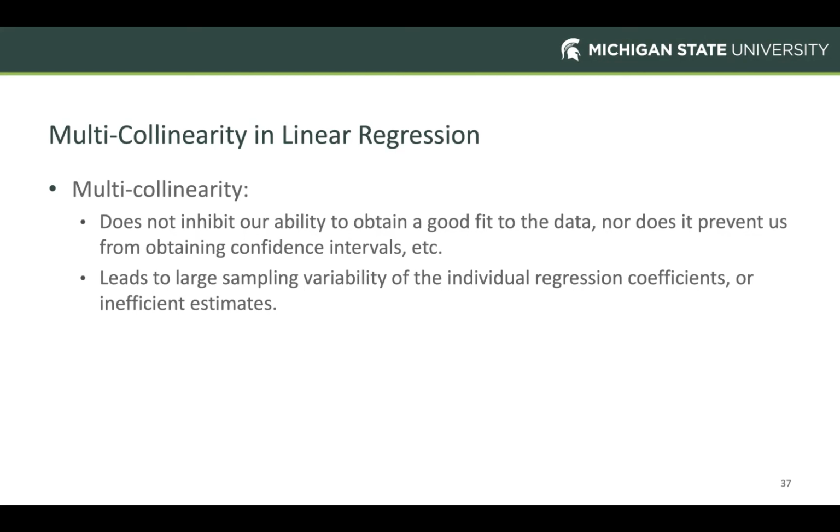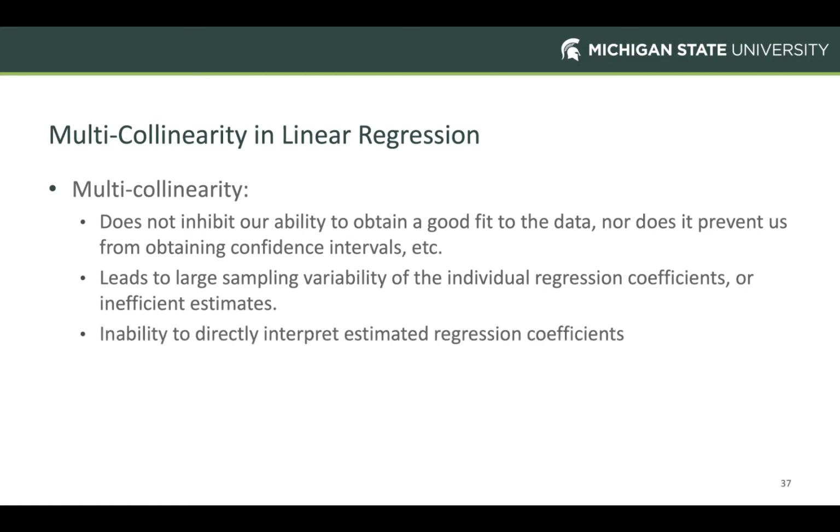So what we mean by that is that the standard errors tend to be very large, and we'll run into some examples of this as we work through the course. But if our standard errors are very large, that means our t-statistics will tend to be very small, and consequently, we're significantly more likely to commit a type 2 error, or basically fail to identify a meaningful relationship between X and Y when one actually exists.